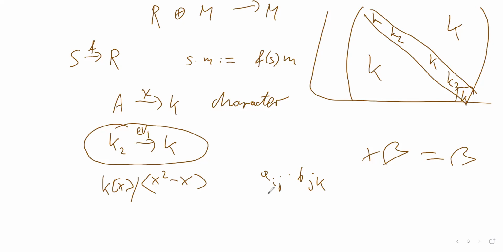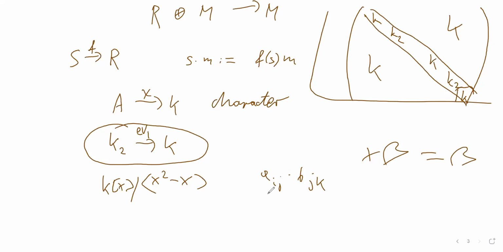When it happens that this is in my ring K2, all right, and then I multiply, I have to use this bimodule structure to multiply a field by an element from K2, and this is what I just explained.